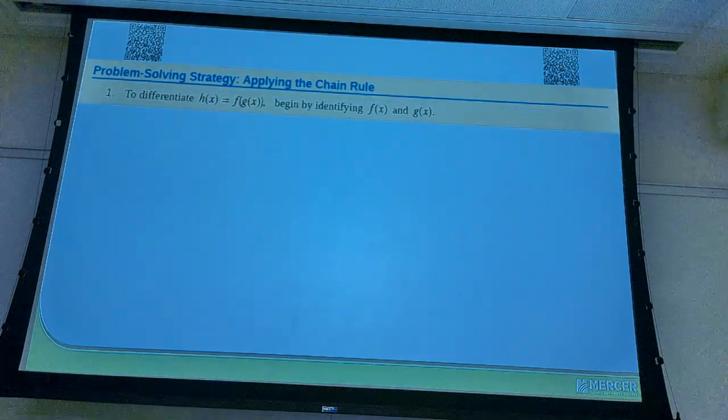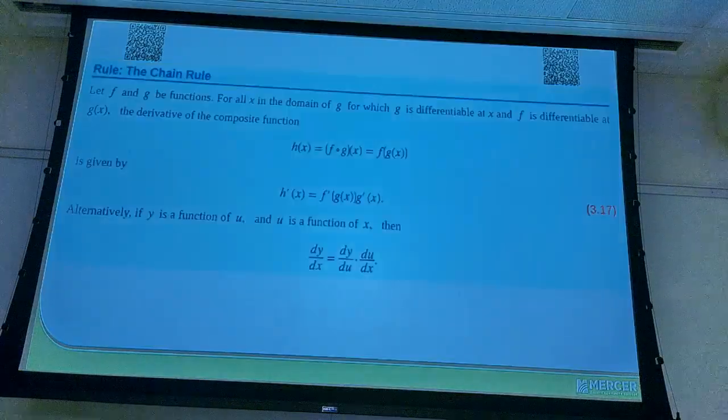Begin by identifying f of x and g of x. So you want to begin by identifying your outer and inner functions. By the way, chain rule can extend to nested compositions, right? So f of g of h, and so on and so forth.